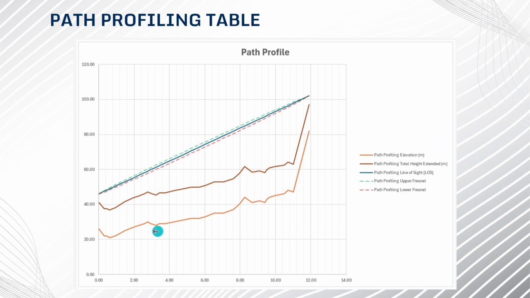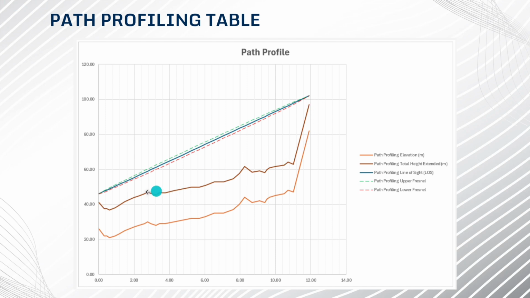As we can see, the orange is the elevation of the two locations in the elevation profile in meters. The brown one is the total height extended. The line of sight is the color blue, which is the straight line.